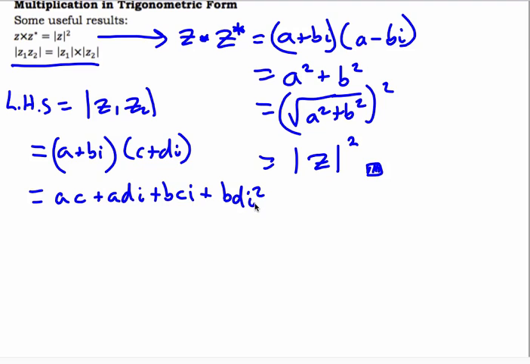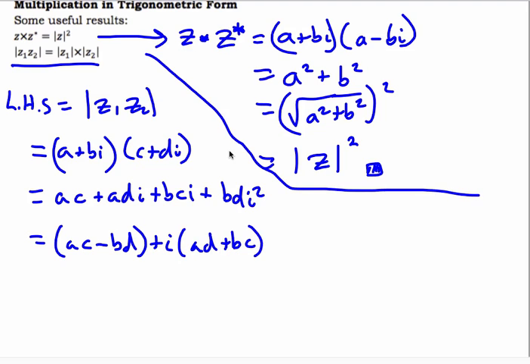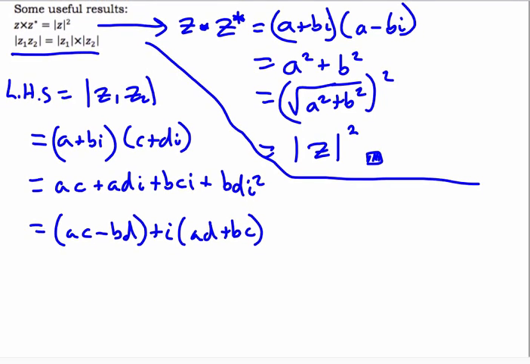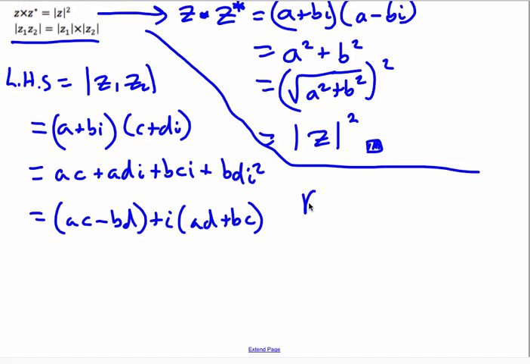Remember, i squared gives me a negative 1. I will collect the real parts now. The real parts are ac minus bd, and the imaginary parts are ad plus bc. So that's the left-hand side of this equation right here. And hopefully we get the same thing with the right-hand side.